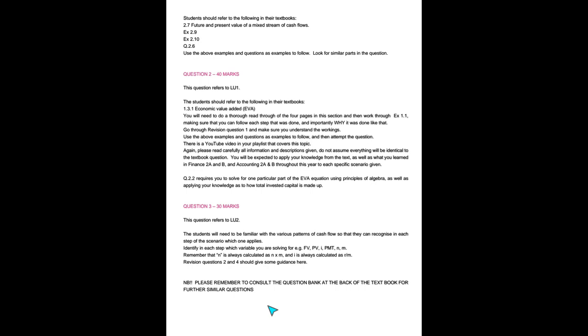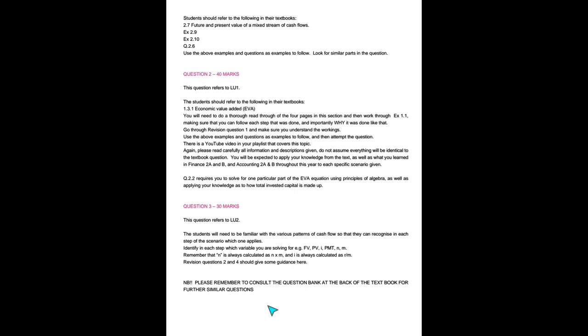Just remember, in these calculations, for the value of n, it is always n times m, and for the value of i, it is always r divided by m.